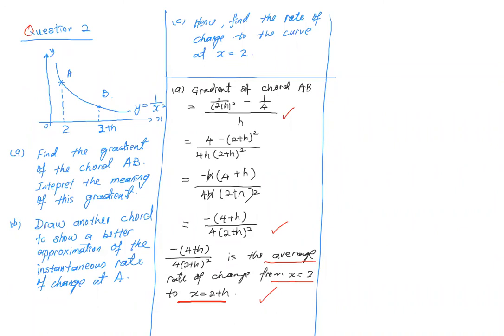Miss, how did you get 4h times 2 plus h squared? The second step? I told you already. That's why you need me to repeat. It's not that I don't want to repeat, but it's your responsibility.